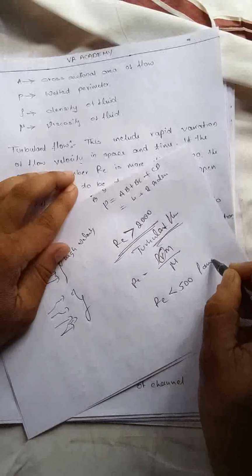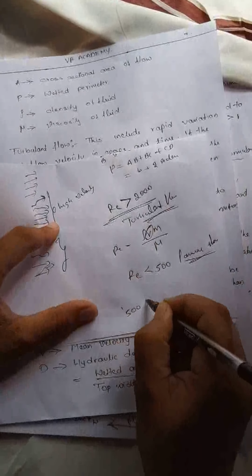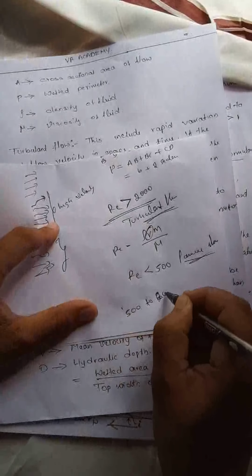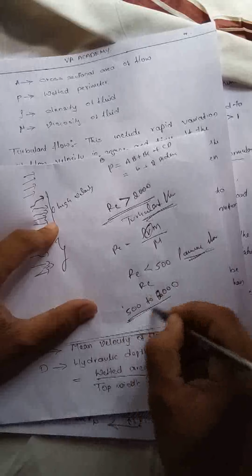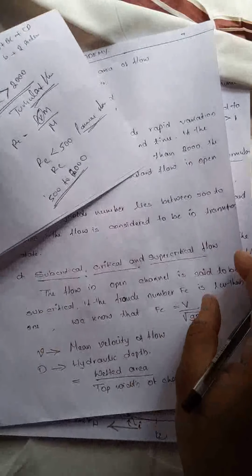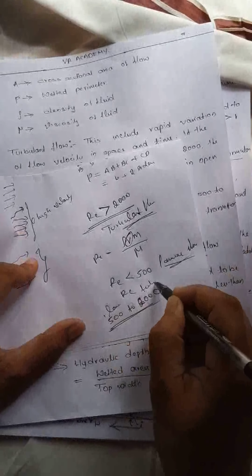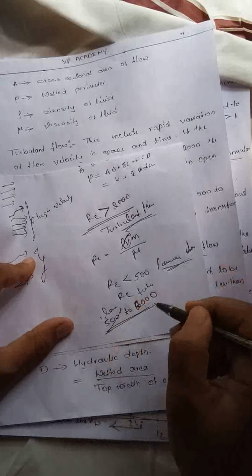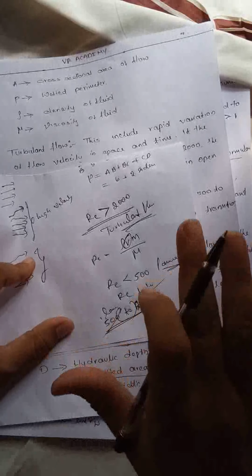A Reynolds number between 500 and 2000 is called the transition state, which means the flow changes from laminar to turbulent, since laminar is less than 500 and turbulent is greater than 2000.